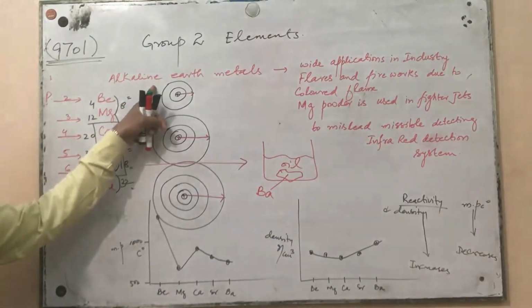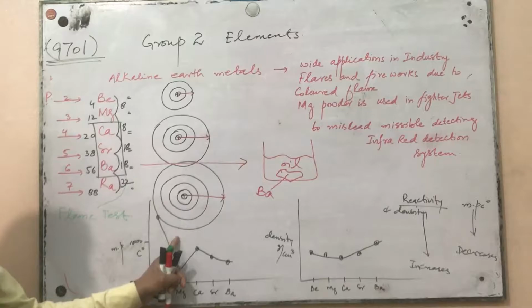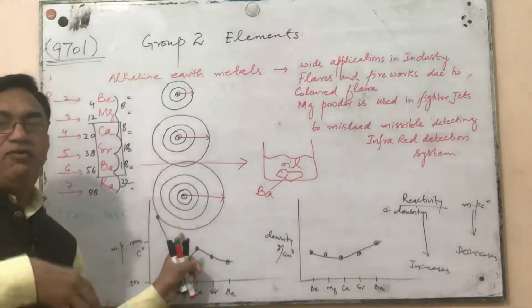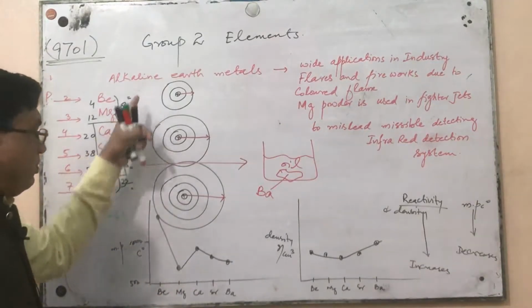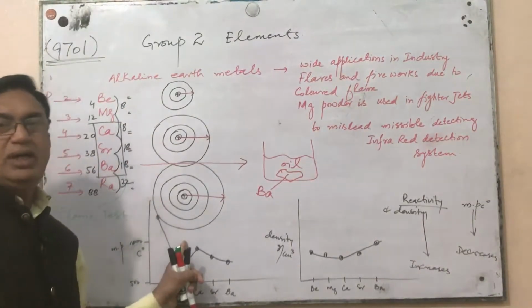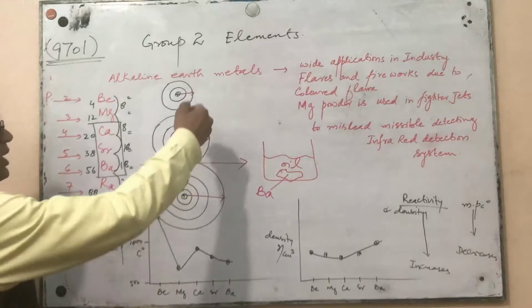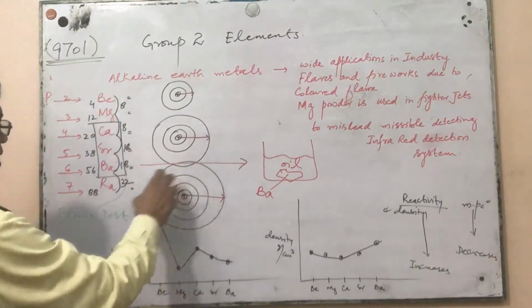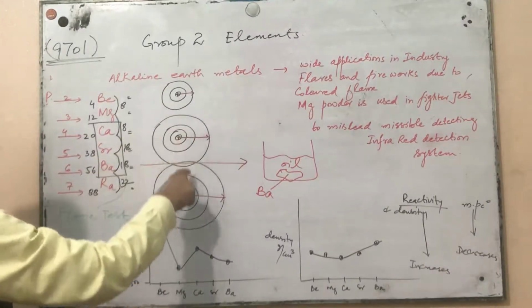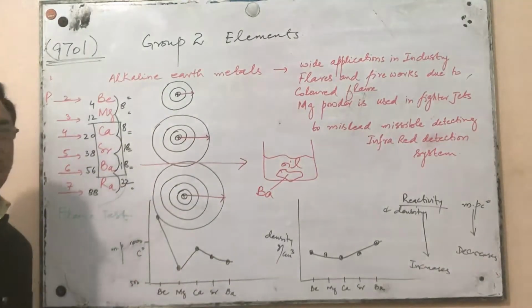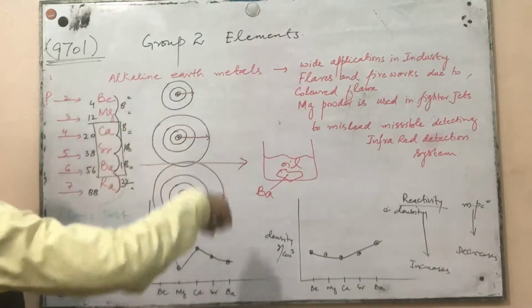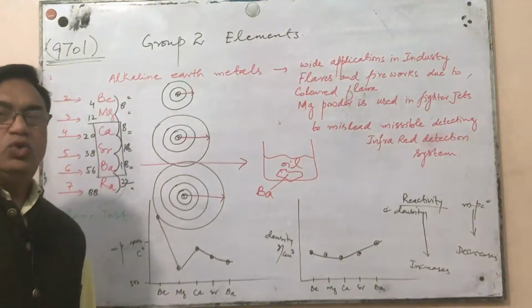From top to bottom, the number of shells increases, the shielding effect increases, and reactivity increases. All these are trends associated with their number of shells and the size of an atom.